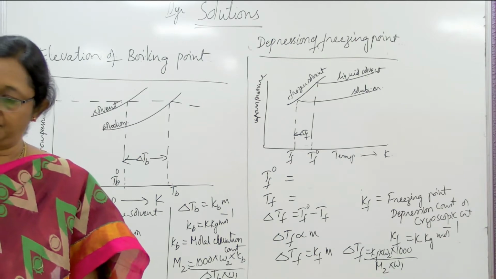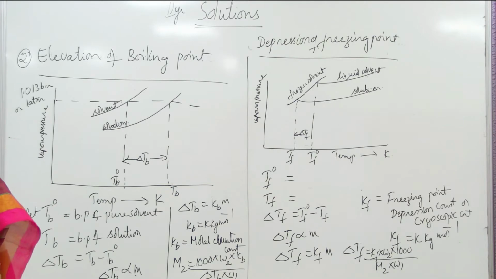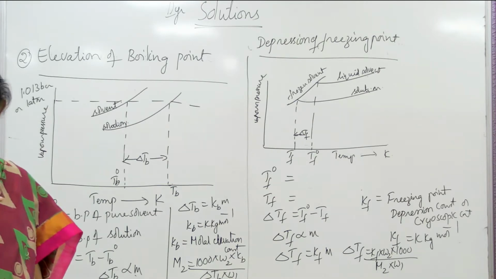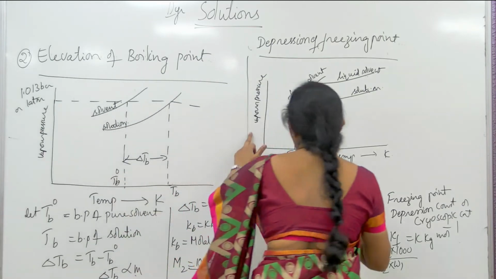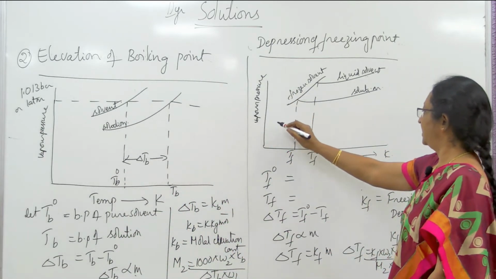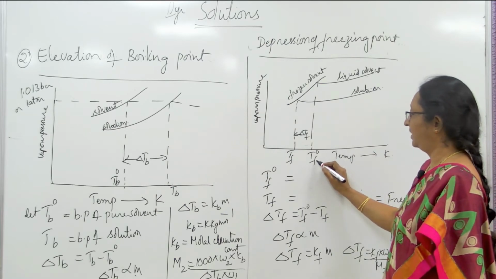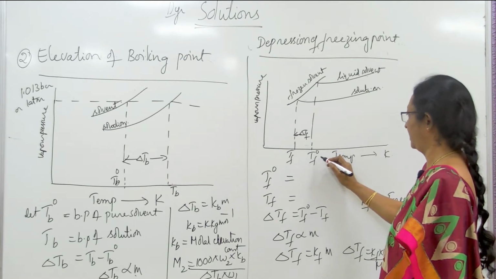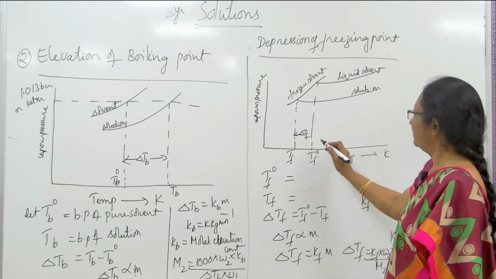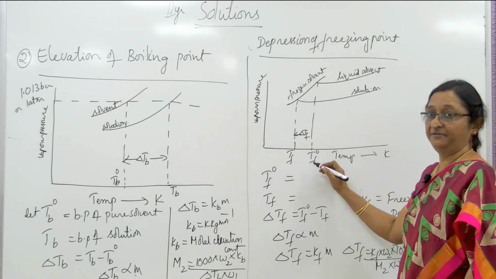Now, the next one, depression of freezing point. What is the meaning of freezing point? Freezing point of a substance may be defined as the temperature at which the vapor pressure of the substance in its liquid phase is equal to its vapor pressure in the solid phase. So, then the solution will freeze.